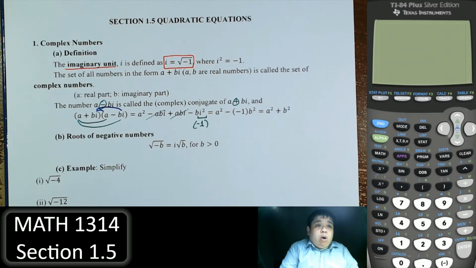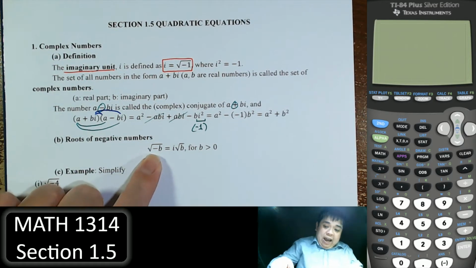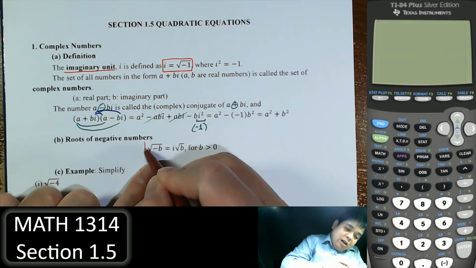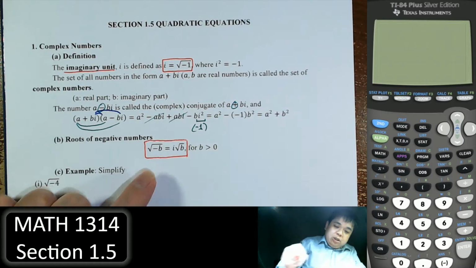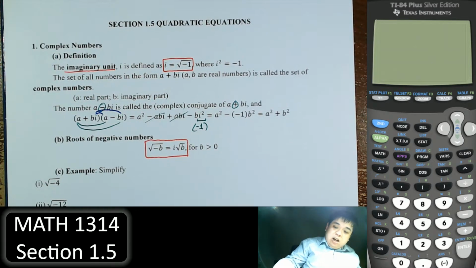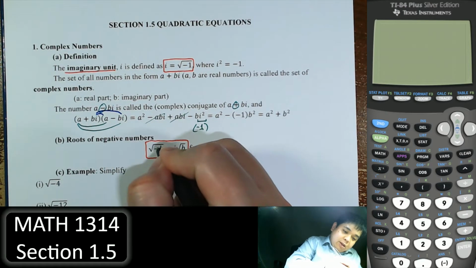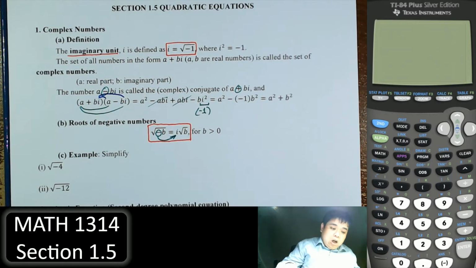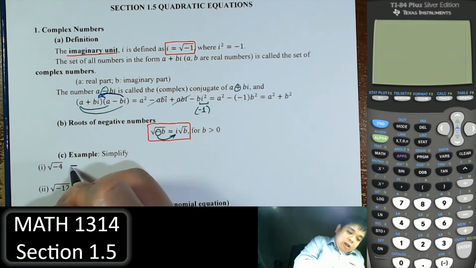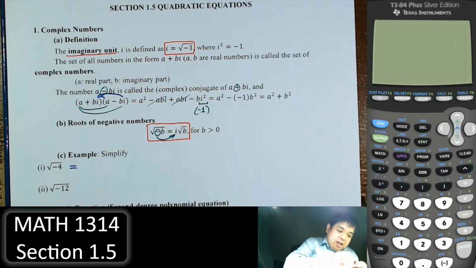But most importantly, we need to know how to find the square root of a negative number. If we see a negative inside the square root, we take it outside as the imaginary number. So here we see there's a negative inside the square root.